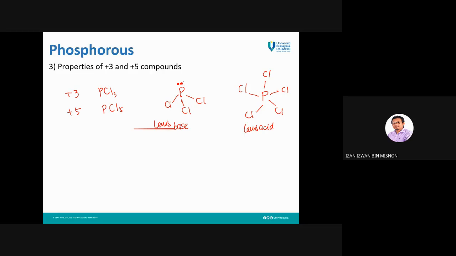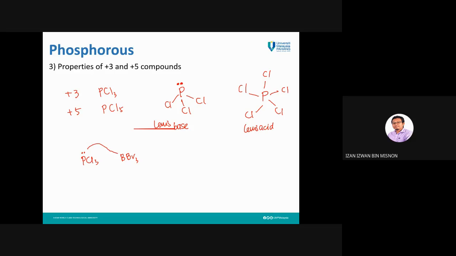Since 2 electrons can be donated to another atom or molecule to form a new bond, it will react as a Lewis base. So for example, we have here PCl3 with 2 electrons. Let's say we have boron bromide.